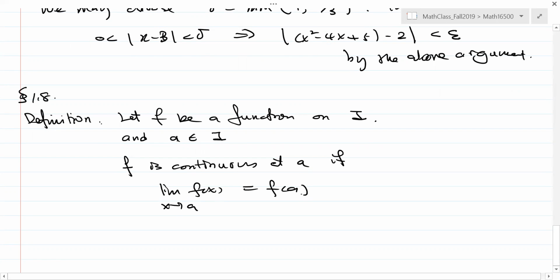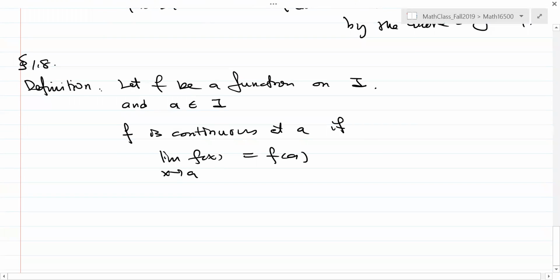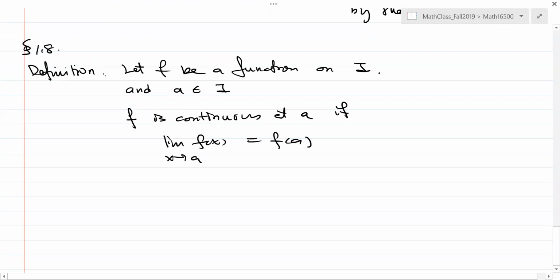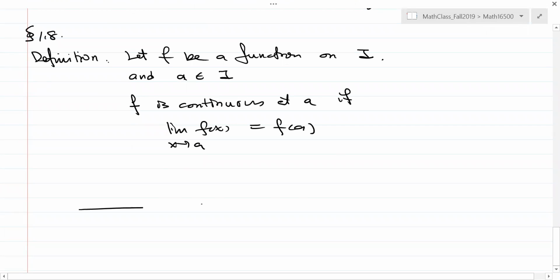Now, what happens if a is an endpoint? Then you can only talk about a one-sided limit. Okay. So we just assume that a is an interior point. Then, what is the geometrical meaning of this continuity?